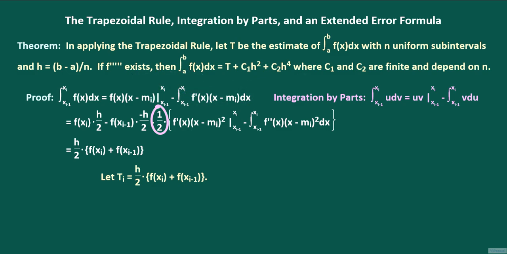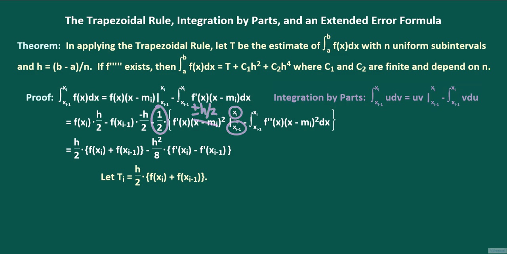We plug the endpoints x sub i and x sub i minus 1 into f prime to get the difference between f prime of x sub i and f prime of x sub i minus 1. x minus m sub i is plus or minus h over 2 at both x sub i and x sub i minus 1, and its square is h squared over 4, which when multiplied by minus 1/2 gives us minus h squared over 8.